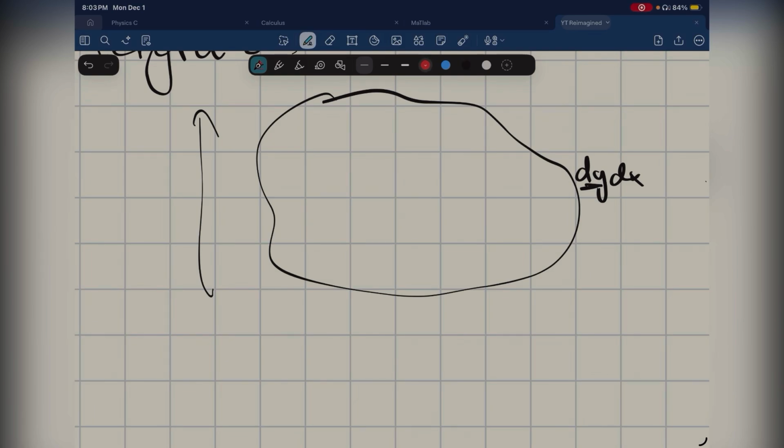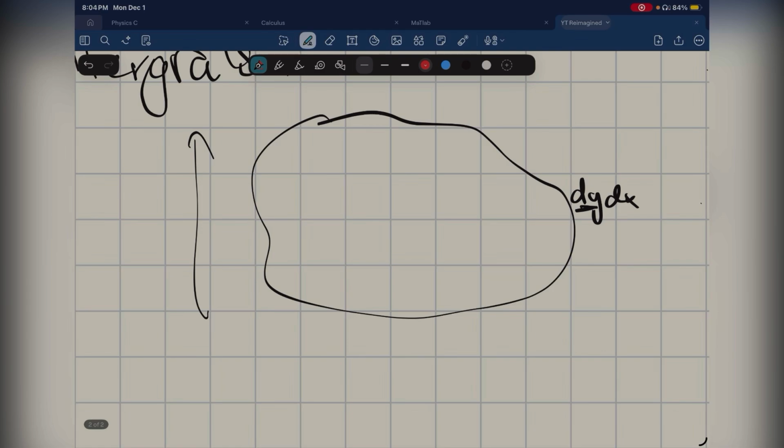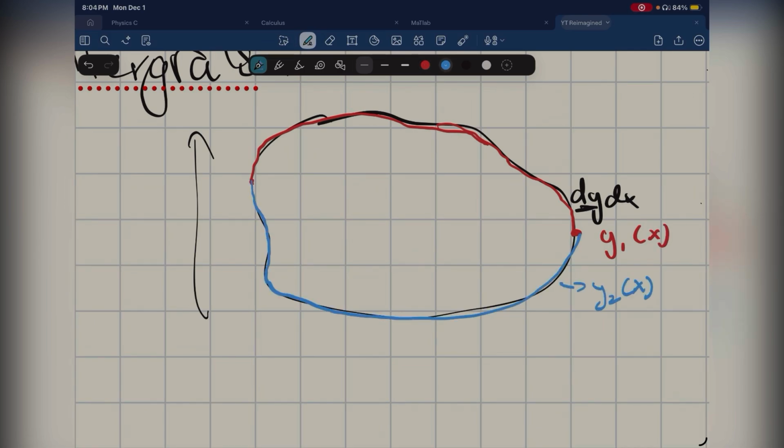What you want to do is first look at what functions enclose this surface right here. Another way to think about it is say there's a function that you can trace around it that we can call y1 of x, and a second function right here that is y2 of x.